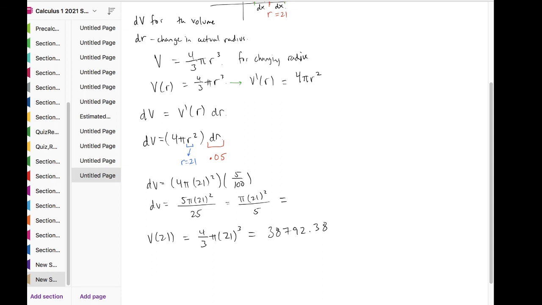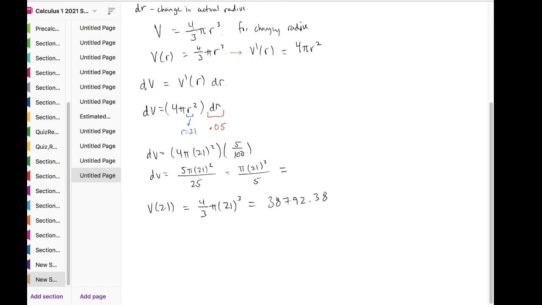These won't be close. This is saying how far off you'll be. It's not that dV is an approximation, it's a measure of error. It's about 277, okay.